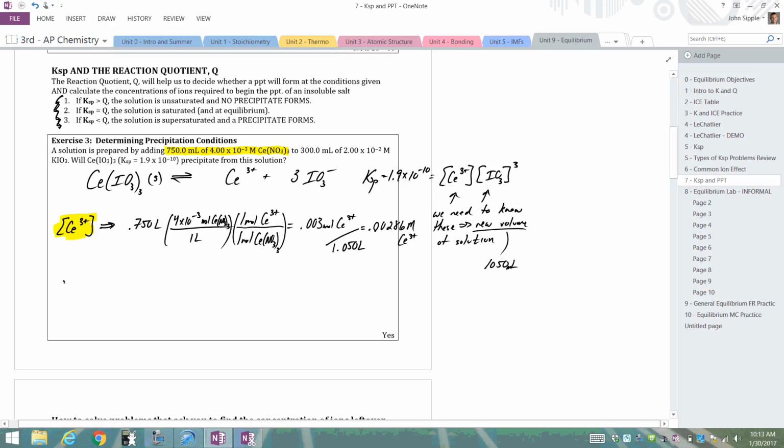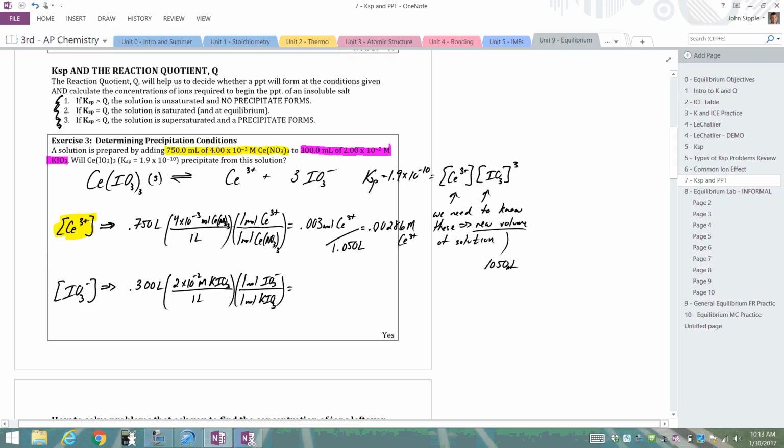And then to figure out our new concentration of our iodate ion, we use the information that's given to us about that particular ion. We've got 0.3 liters of a solution that is 2 times 10 to the minus 2 molar KIO3 per 1 liter. Well, the nice part here is, it's just 1 mole of iodate ions for every 1 mole of KIO3.